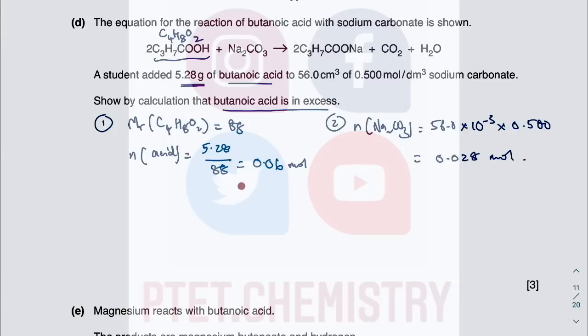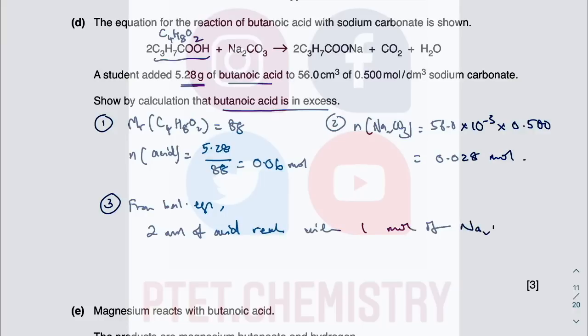So this is how much you actually react this with this. So what's going to happen is from the balanced equation, 2 mole of acid reacts with 1 mole of sodium carbonate.